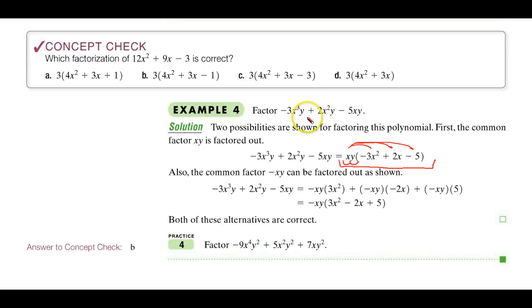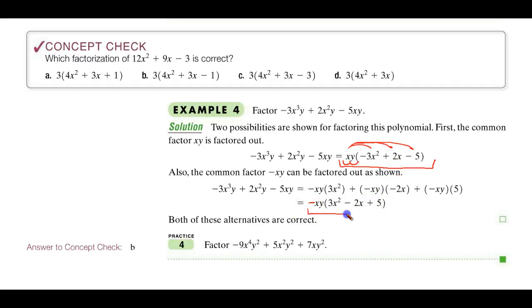Now, they're not, well, they actually are. If you had taken out and you wanted to change the signs inside the parenthesis, if you, instead of taking out a positive 1 here, took out a negative 1, you would put the negative then in front, and it changes all the signs internally.